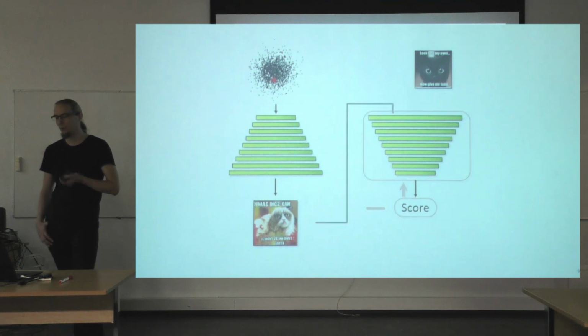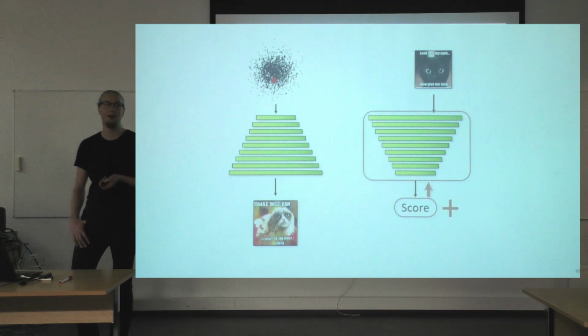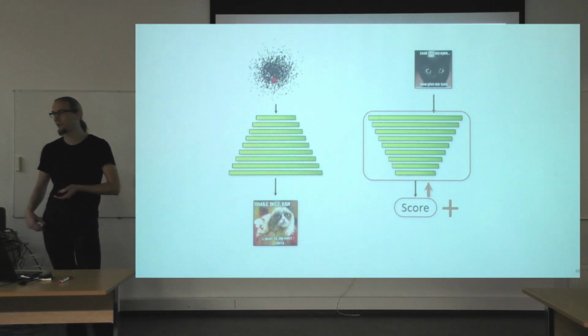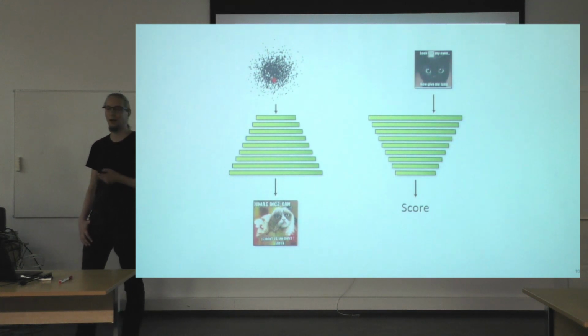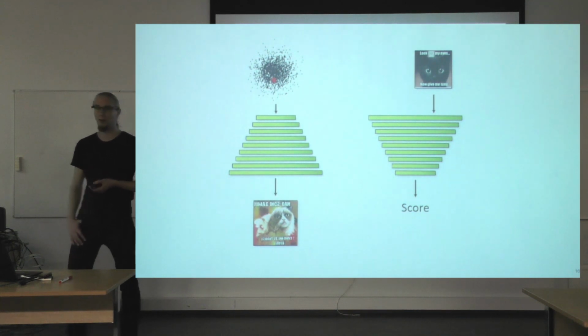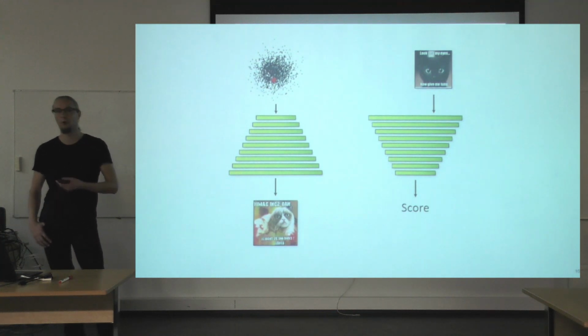And similarly, we show it examples of the training data and ask it to give high scores for these ones. So effectively, the discriminator is gradually guiding the generated images towards more and more realistic ones.